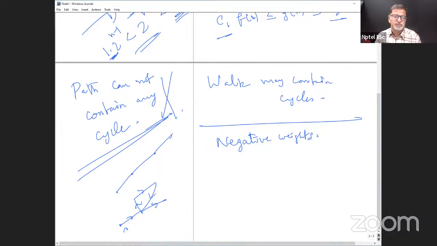using negative numbers. And there are other applications in which we take the logarithm of the weights. When you take the log of the weights, you get negative numbers, right? If you take log to the base 2 of a number that is smaller than 1, then you get a negative number, and so on.